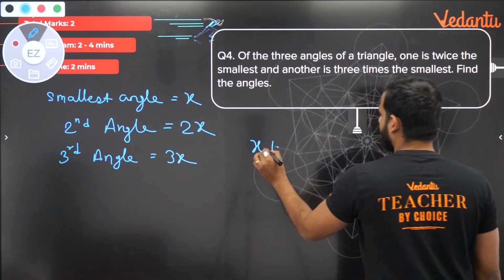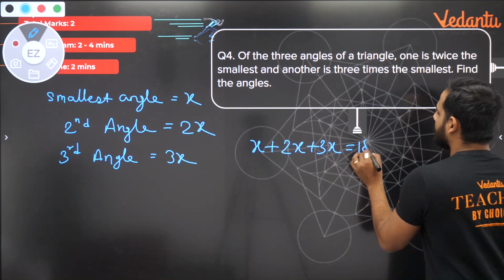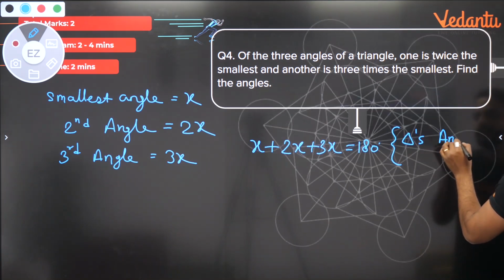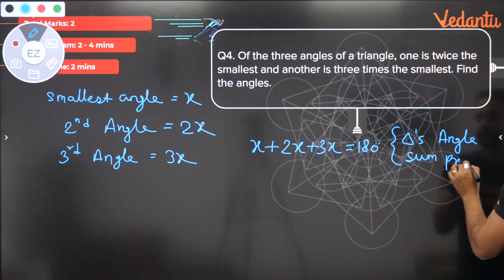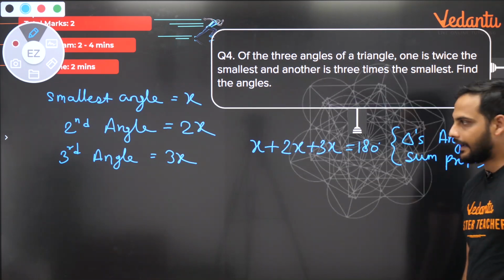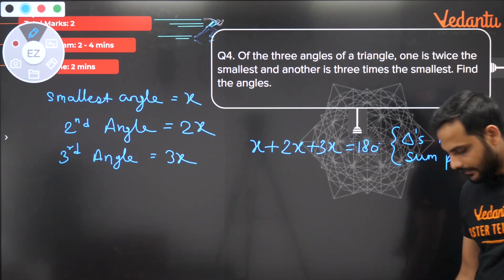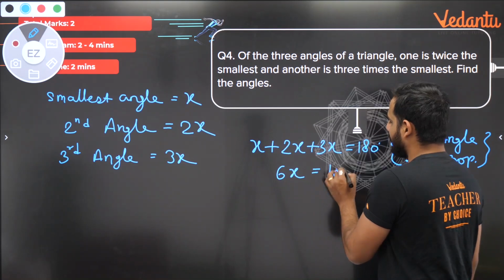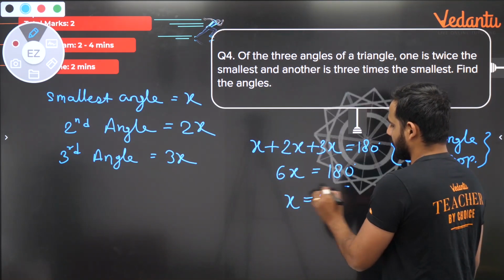We can say x plus 2x plus 3x is equal to 180 degrees. Why can I say that? Because of the triangle's angle sum property. Correct? So what are you getting here? You are getting 6x is equal to 180 degrees. That means x is equal to 180 by 6, which is 30 degrees.